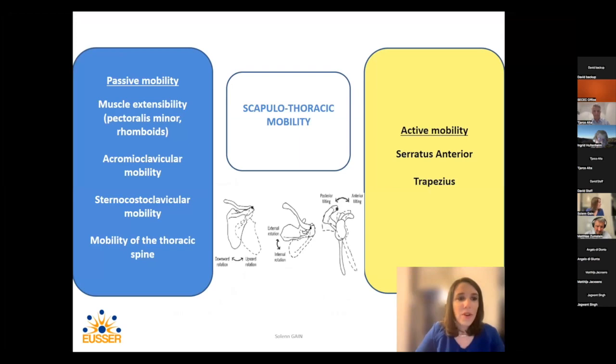And it depends on acromioclavicular mobility, sternocostoclavicular mobility, and mobility of the thoracic spine. So we have to improve the mobility of these joints. We have also to improve active mobility of the scapula and to activate serratus anterior and trapezius.